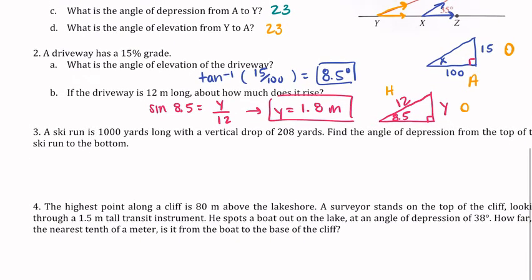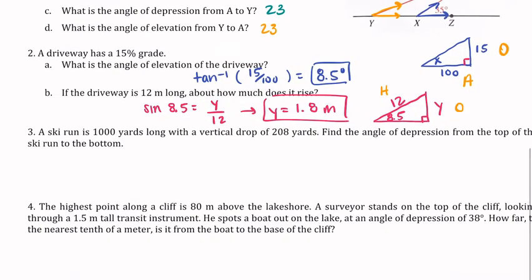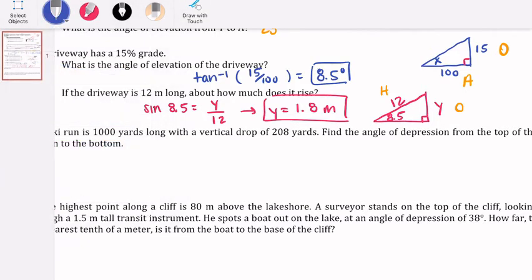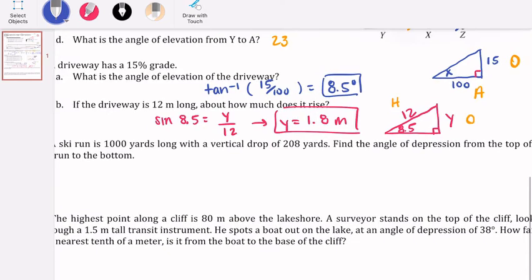Number 3, a ski run is 1,000 yards long with a vertical drop of 208 yards. Find the angle of depression from the top of the ski run to the bottom. So again, this is going to be trying to figure out where all your measurements go. I'm going to draw myself just a generic right triangle to start.